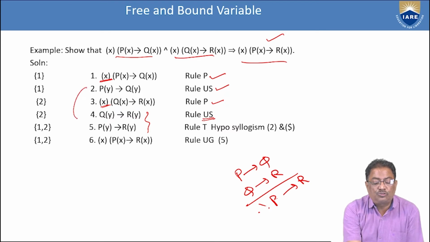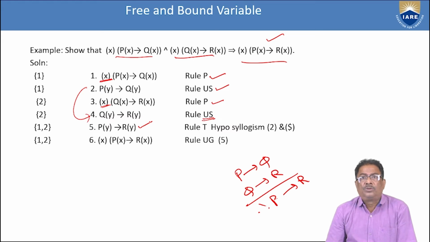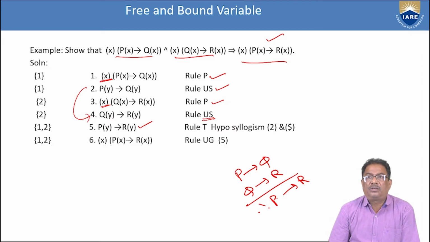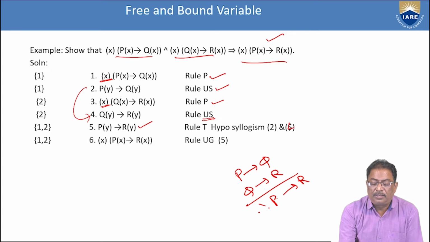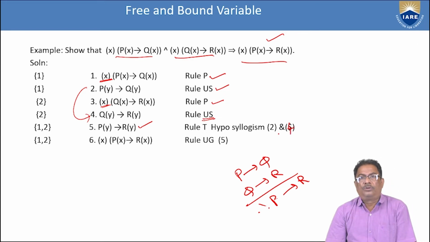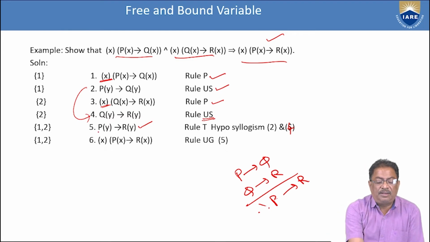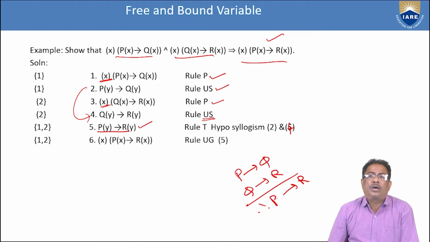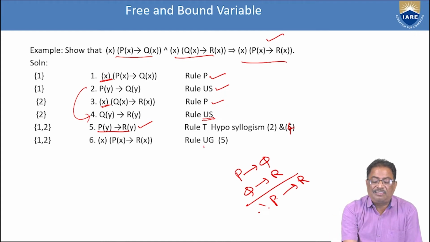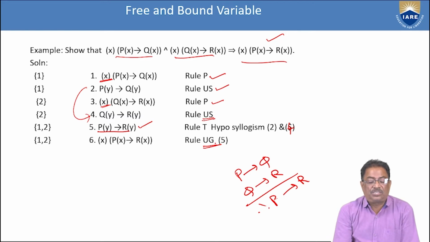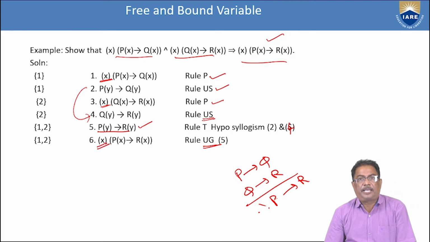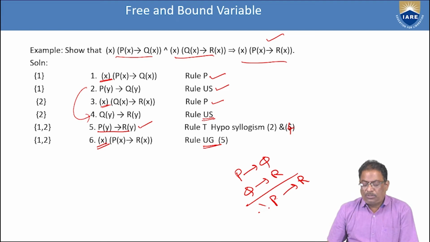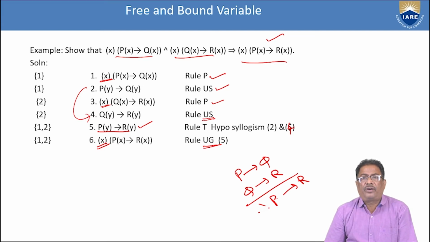So just combining these two, then I am going to get this. So rule of syllogism. Just applying rules 4, 5 and 2, and then it is 4, 2 and 4. And next whatever we are getting is the result. So these two are universal specifications. So now we are going to apply universal generalization. So for that reason, for every x I can. So this is the way that we are going to find this.